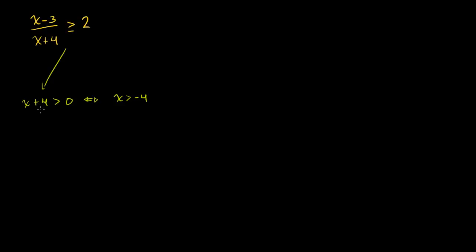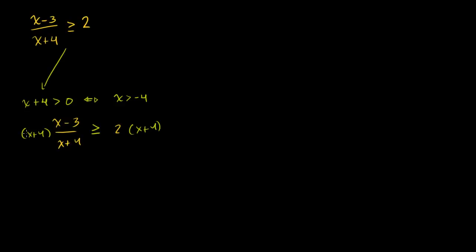And then we multiply both sides by x plus 4. Since we're assuming x plus 4 is greater than 0, we don't have to switch the inequality sign. We're multiplying both sides by a positive, so the inequality stays the same as in our original problem.